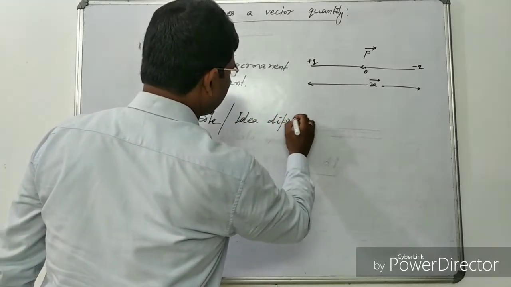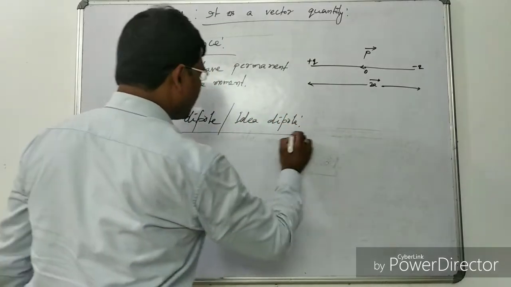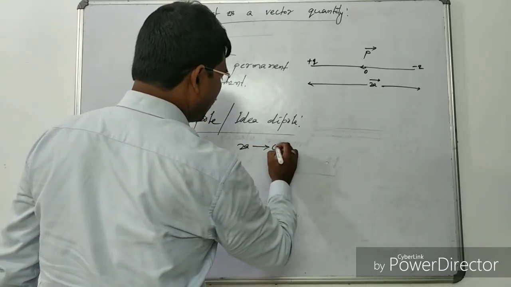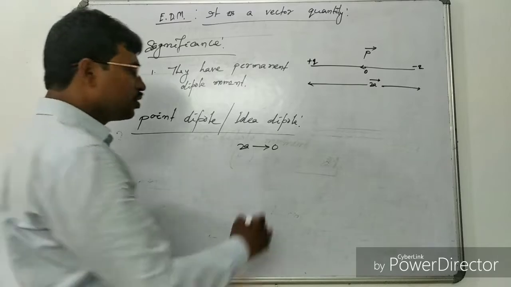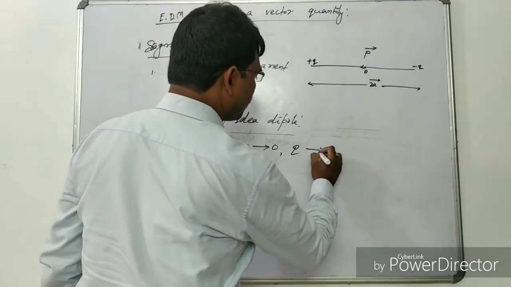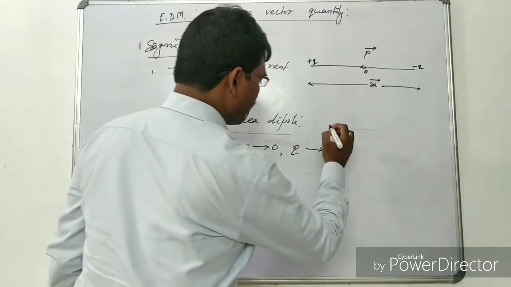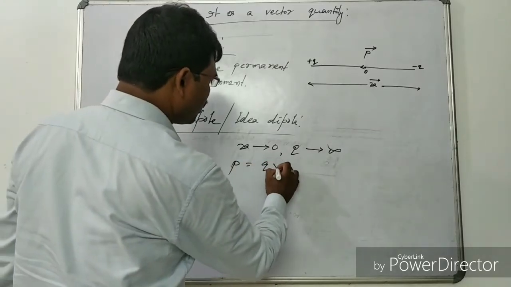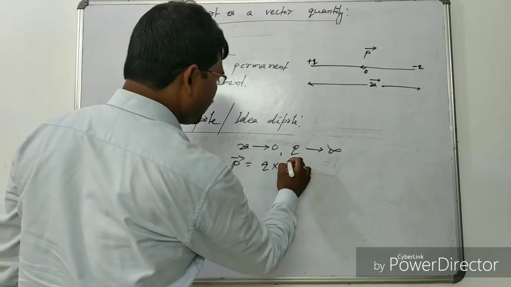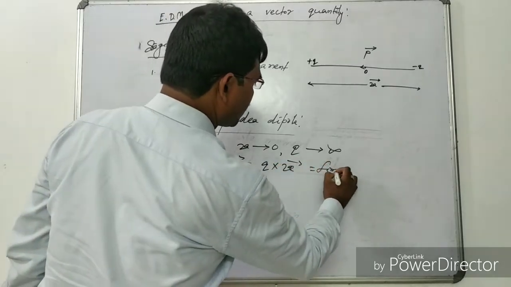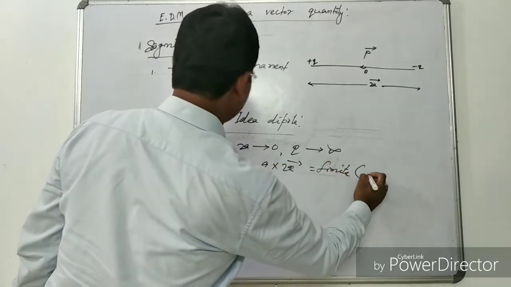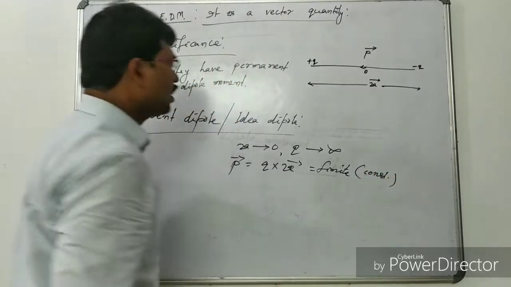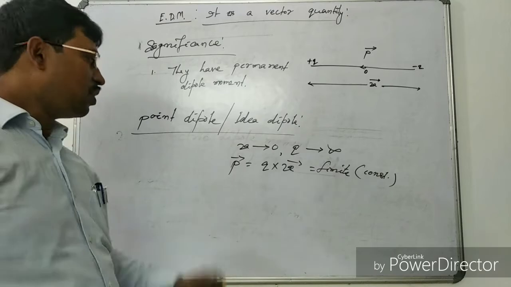Ideal dipole means the distance between the two charges is very small, 2a tends to 0. So the charge becomes larger and larger, but their product P is equal to Q into 2a. The electric dipole moment is finite, that is constant. This is about the point dipole or ideal dipole.